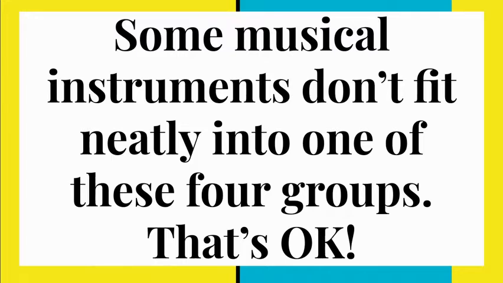There are some Western instruments like the piano and the organ that are hard to classify, although they're typically classified as percussion instruments because they have hammers that hit the strings for the piano. But there are some instruments from other cultures that we're not as familiar with here in America that are kind of hard to classify. And we're going to talk about musical instruments from around the world later, okay?